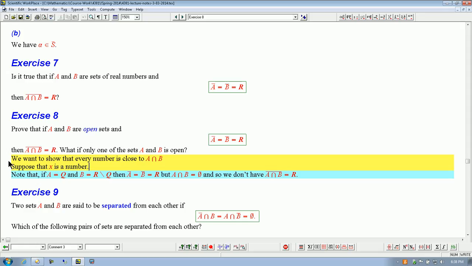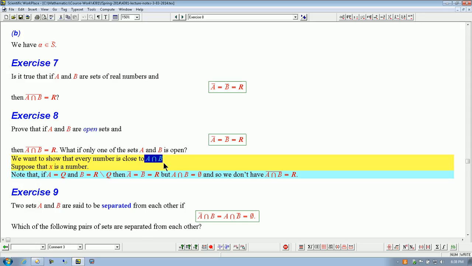For every stick, center x radius delta positive. For every positive number delta, the stick center x with radius delta, next word, intersects with whatever set you're talking about. The set I'm going to be talking about will be, I can't find it.